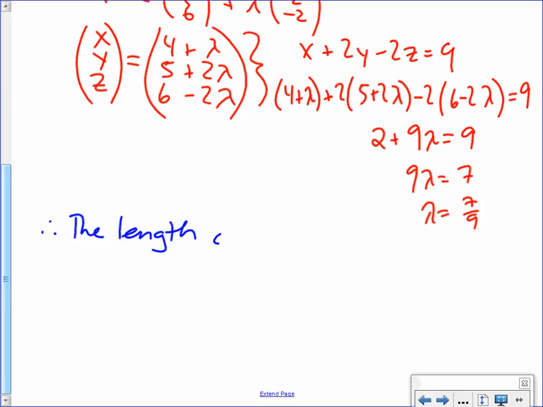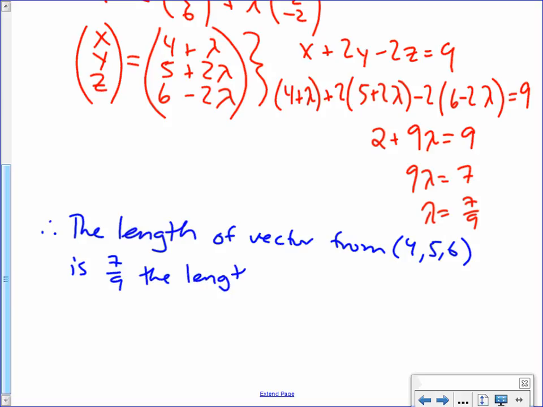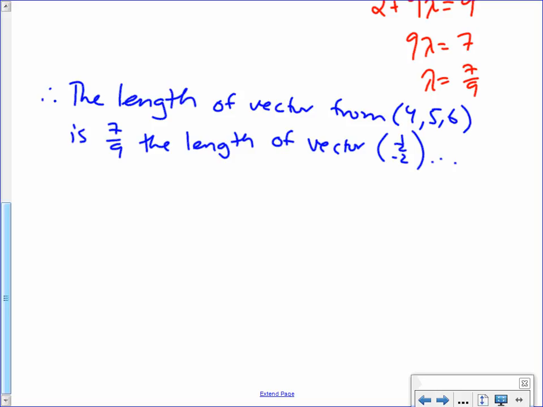The length of the vector from 4, 5, 6 is 7/9 the length of vector 1, 2, -2, right? Which is just the magnitude.